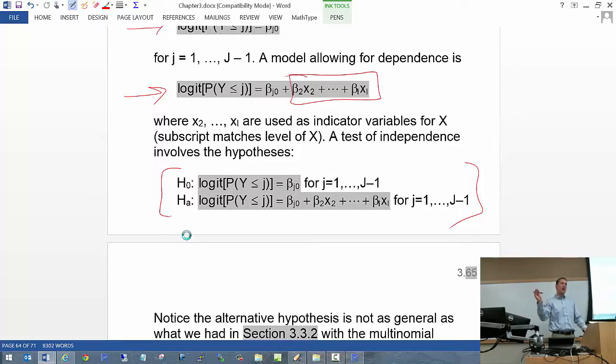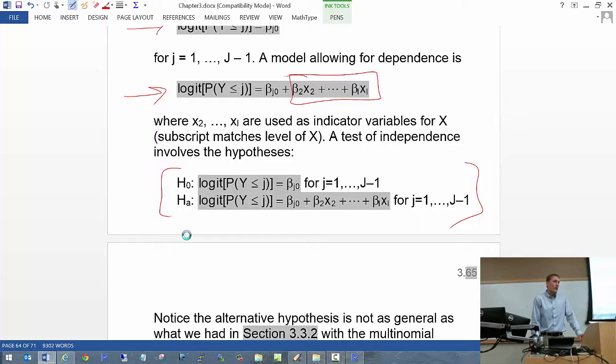So you have a narrower alternative. You're going to have more power, so that if this kind of dependence exists, you'll be more likely to find it than you would with a multinomial regression model. So in some sense, approaching the test like this, when you do have an ordinal response, is preferred over the multinomial regression model.